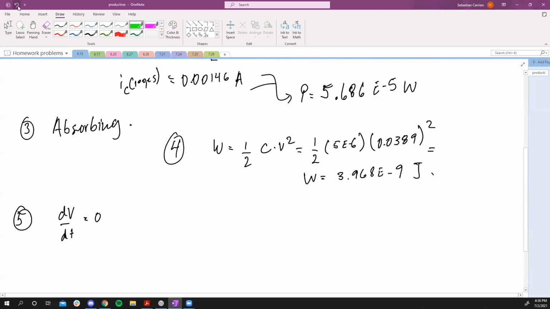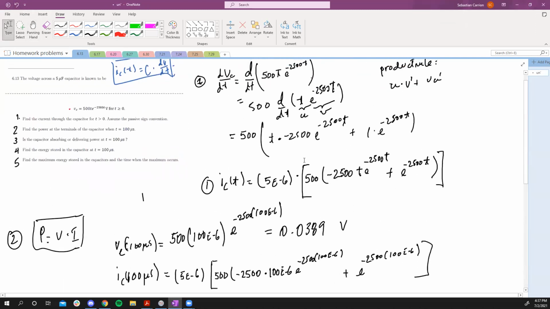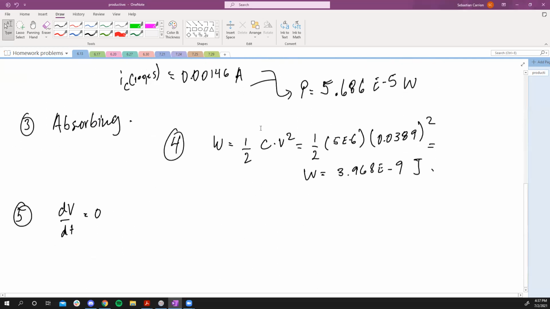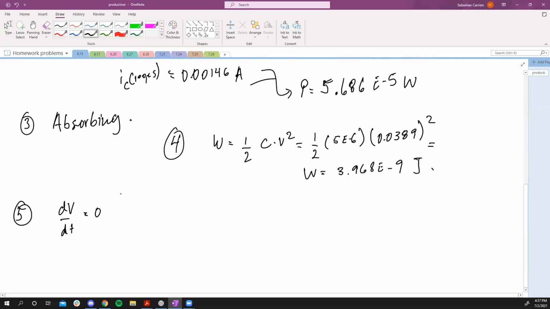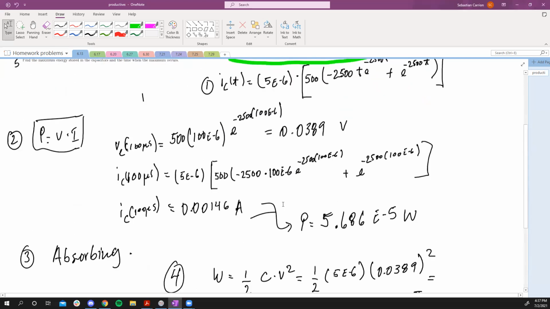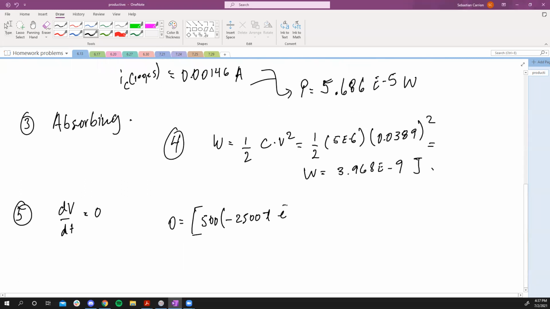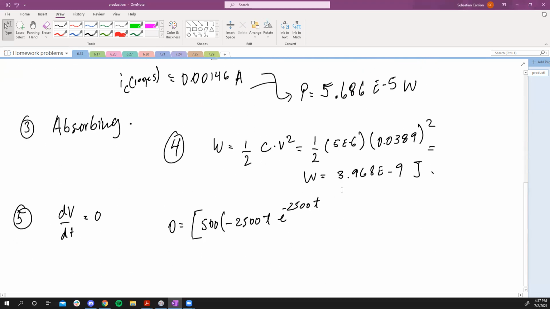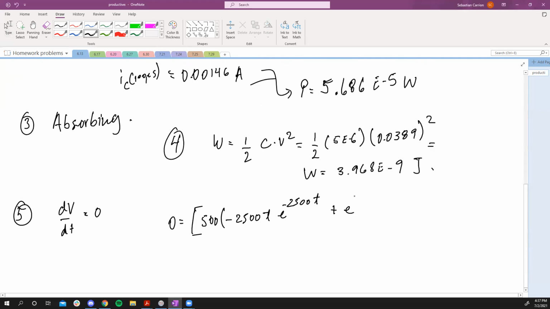So we want 0 equals 500 times negative 2500 t e to the negative 2500 t, plus e to the negative 2500 t.